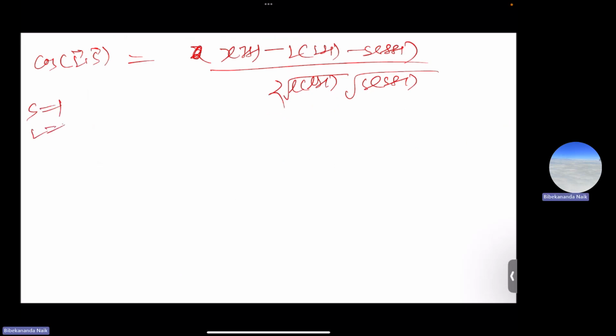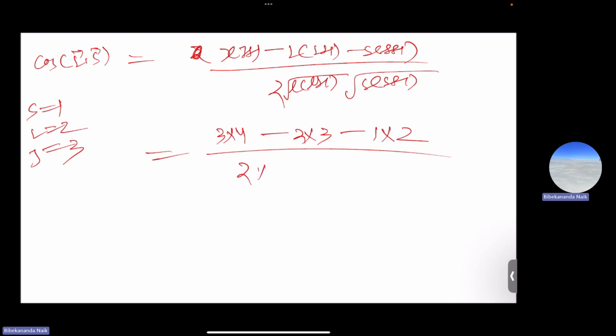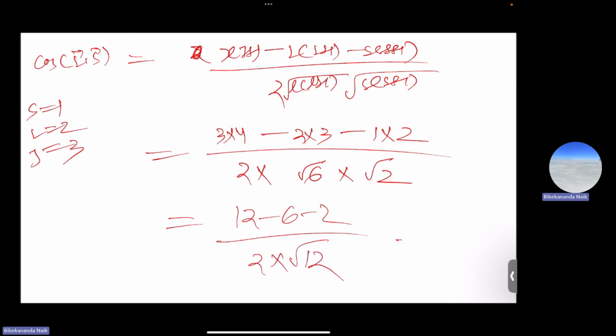If you put the values, it will be 3 into 4 minus 2 into 3 minus 1 into 2, divided by 2 into root 6 into root 2. So it will be 12 minus 6 minus 2 divided by 2 into root 12. It will be 12 minus 8, which is 4.